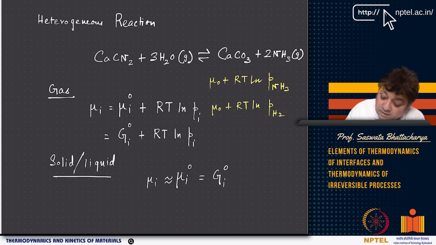PH2O. However, if you remember, A is nothing but some nu i, right? So nu i means basically you have now, in this case you have minus 3.